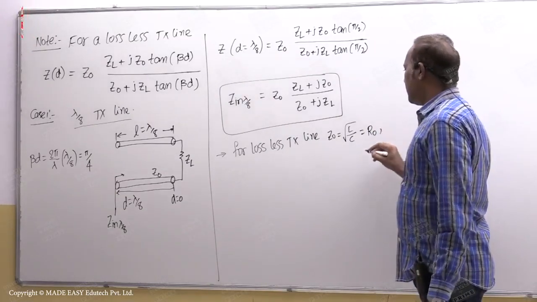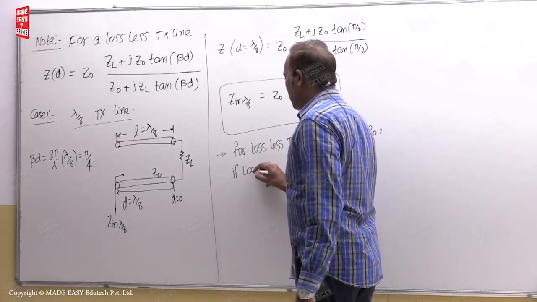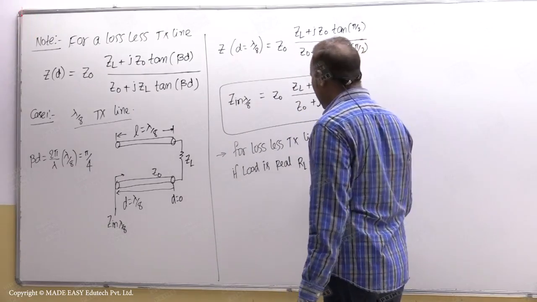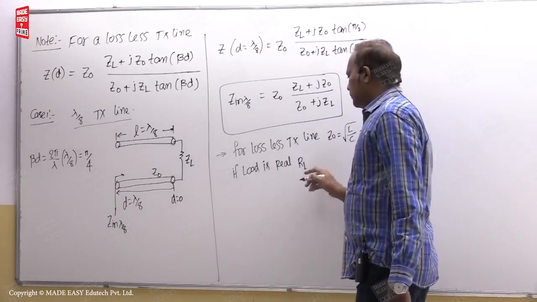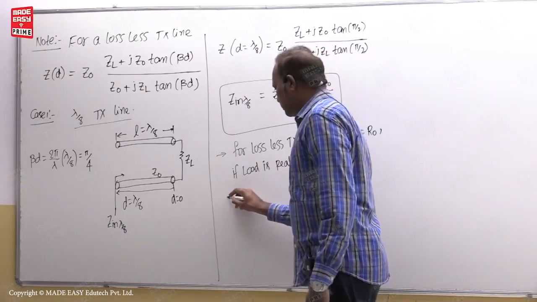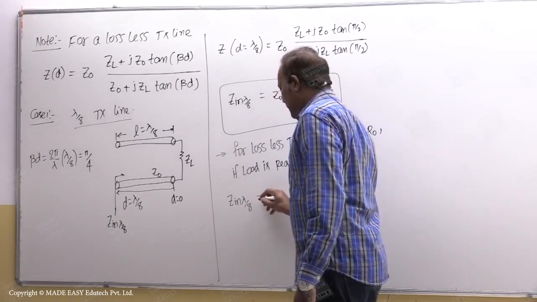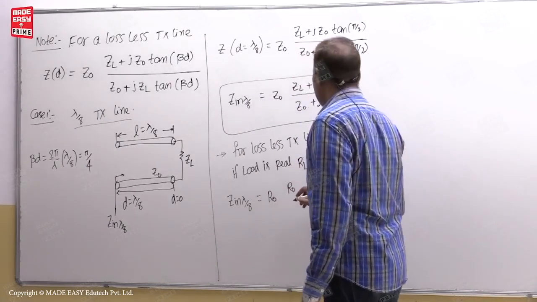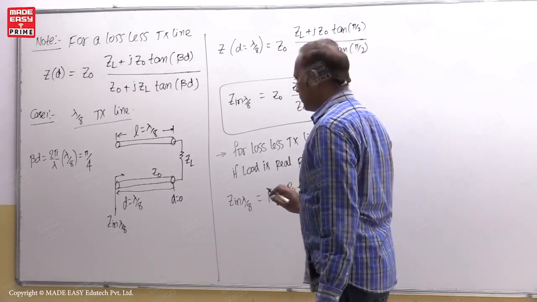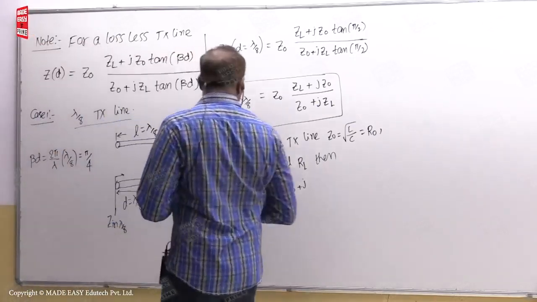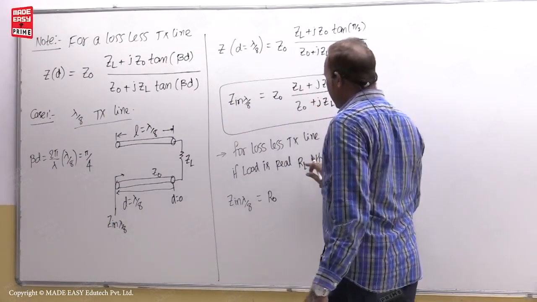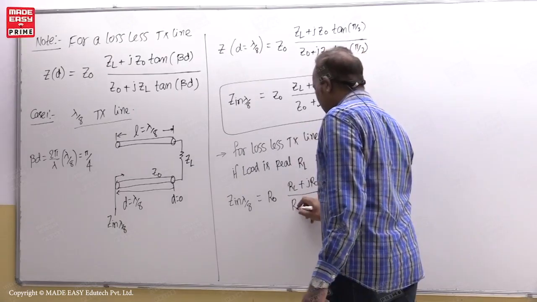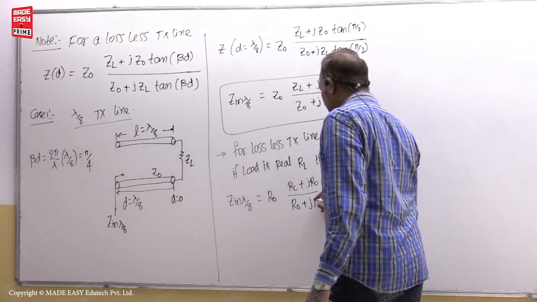For a lossless line, if the load is real, that means ZL is equal to RL, then Zin of lambda by 8 is equal to R0 (RL plus jR0) divided by (R0 plus jRL).